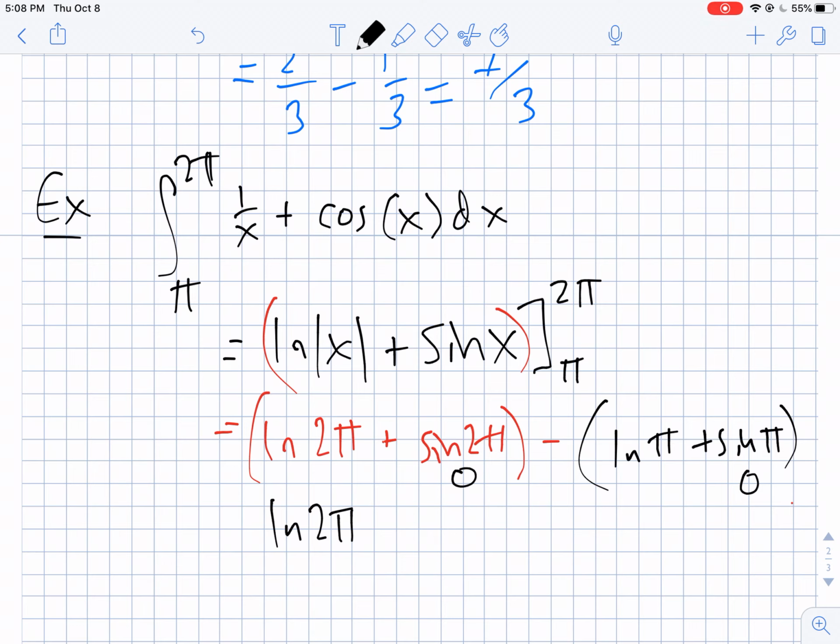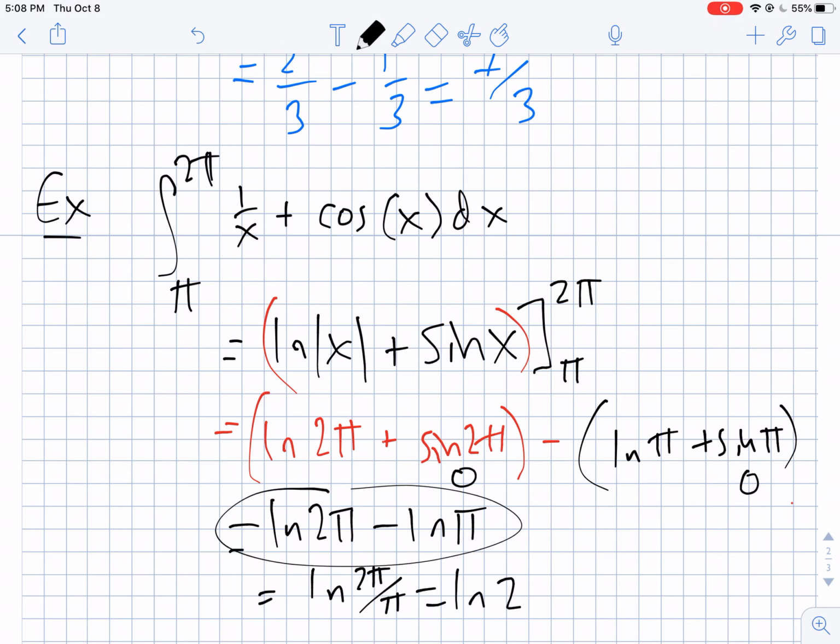That worked out really nicely. So we have ln of 2 pi minus the ln of pi, which you could simplify to the ln of 2 pi divided by pi, also known as the ln of 2. If you just left it as is, that's fine too. This is the area under that wacky curve. All we have to do is take the antiderivative, plug in the top, plug in the bottom.